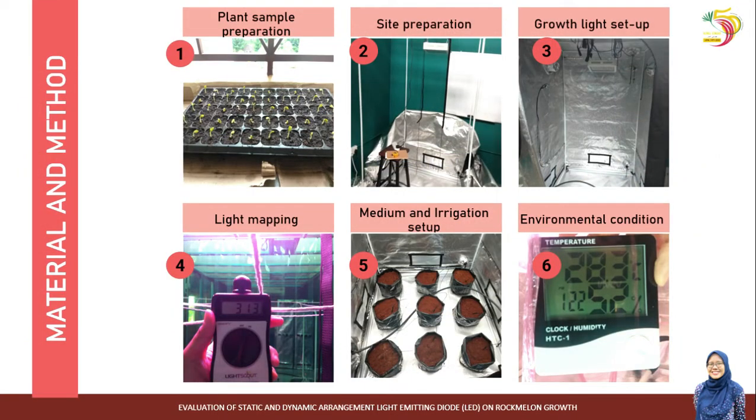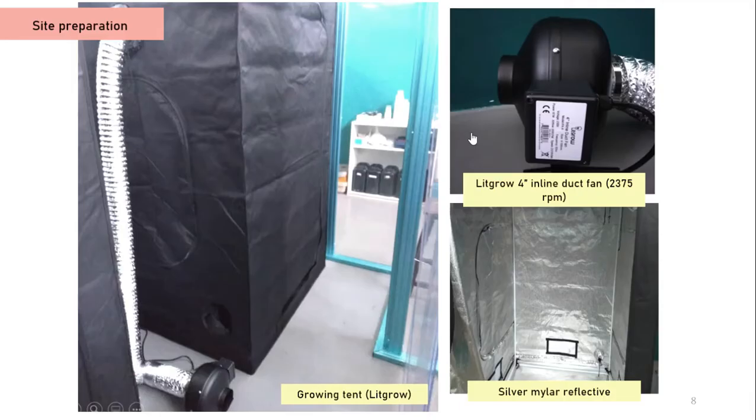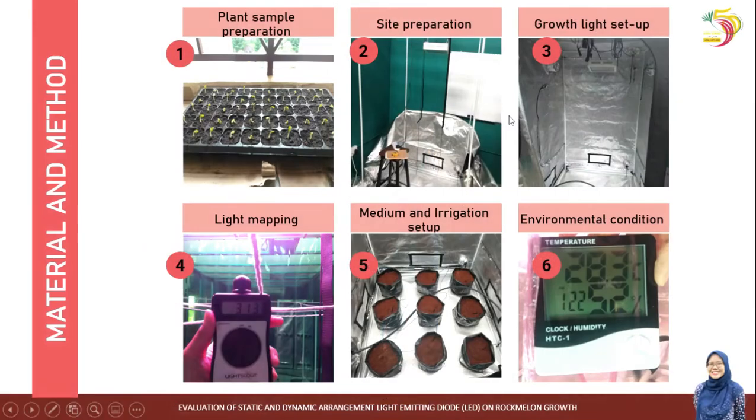Moving on to the material and method. First, plant sample preparation. Melon F1 hybrid Sakata is used in this study. Next, for site preparation, a growing tent is used in order to minimize light from outside, and the tent is layered with several mylar reflectors and equipped with an inline duct fan to circulate air inside the tent.